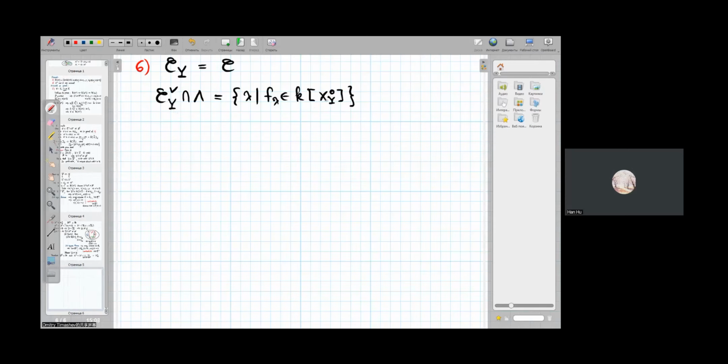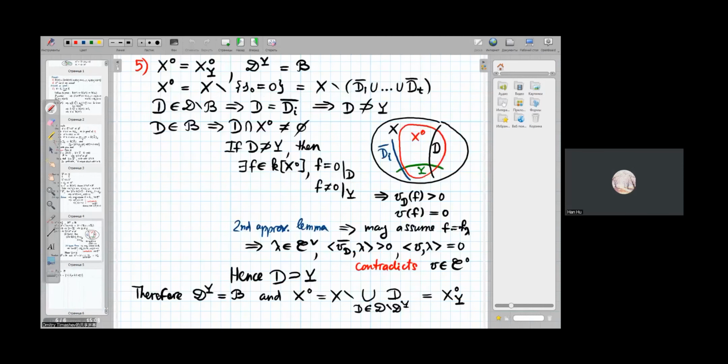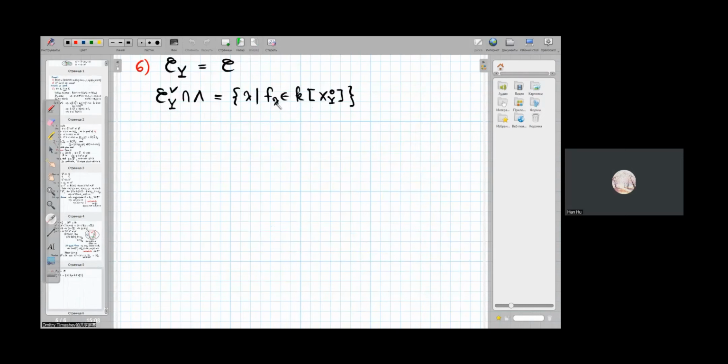But this affine chart X, Y naught is the same as X naught, which we have proved here. And also we have proved at the previous lecture that the eigenweights of semi-invariant functions on X naught are exactly the weights sitting in the dual of the cone C.